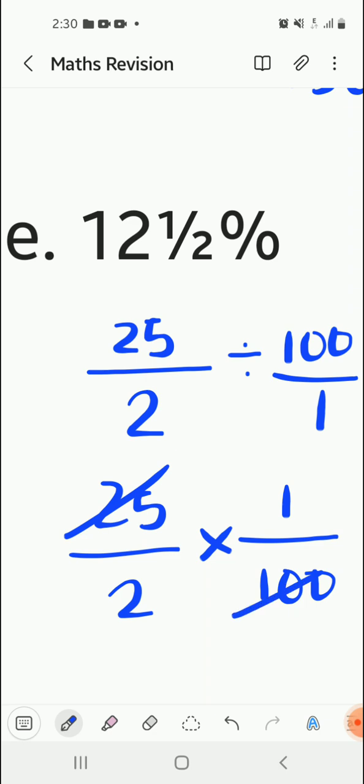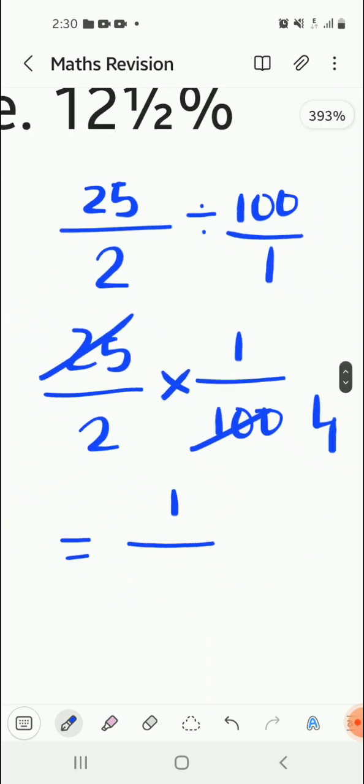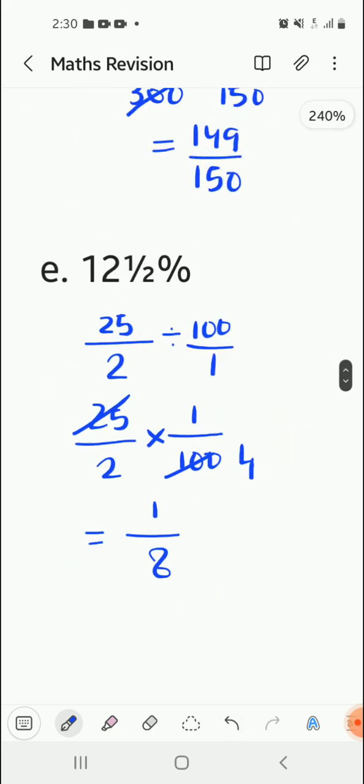Now 25 and 100 are possible to divide, it becomes 4. So my answer is 1 by 4 into 2, that is 2 4s are 8. So 1 by 8 is my answer. Okay.